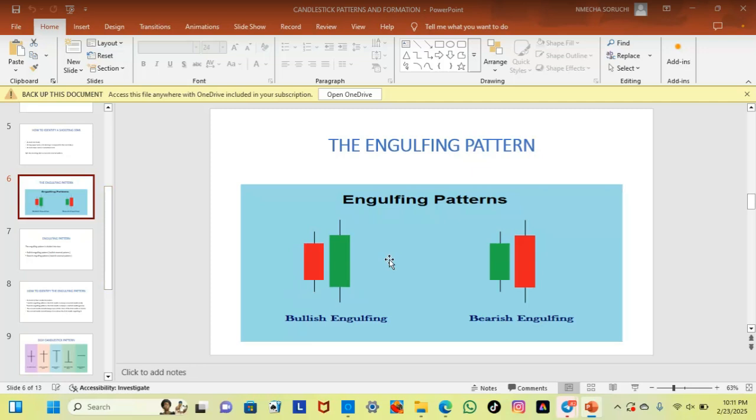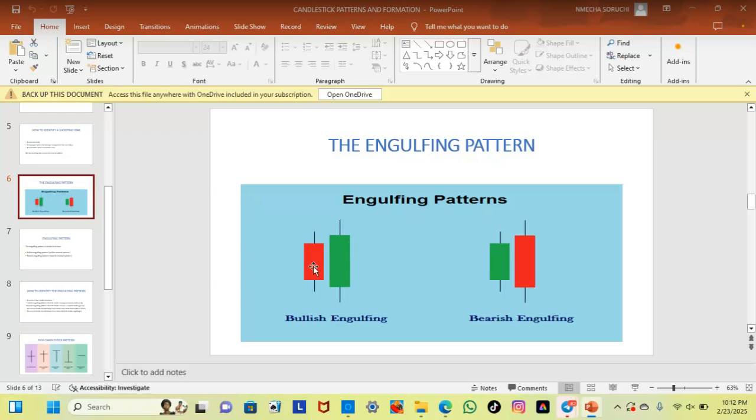If you see this green candle here is engulfing this red candle. That is, if you want to put this red candle into this green candle, it will enter into the green candle fully. The green candle will be able to cover the whole of this red candle without you seeing the red candle again. Are you seeing it from the diagram?